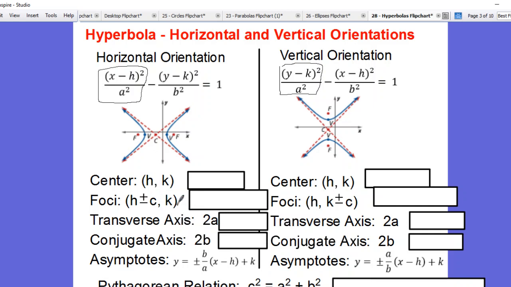One thing is the vertices and the covertices. The vertices would be, for the horizontal, h plus or minus a, comma k, and the covertices would be h, comma k plus or minus b. And then the opposite for vertical orientation.